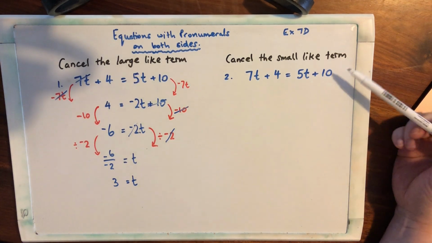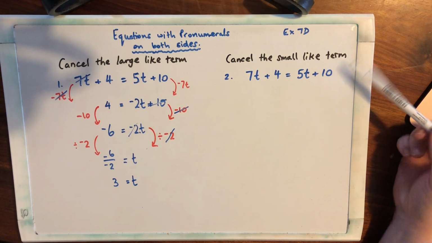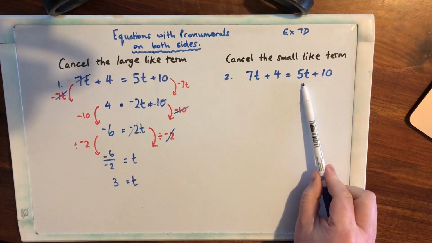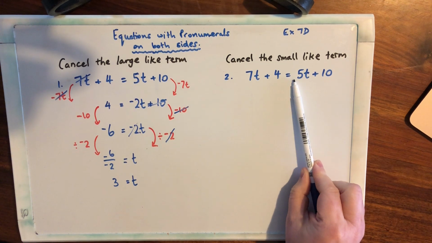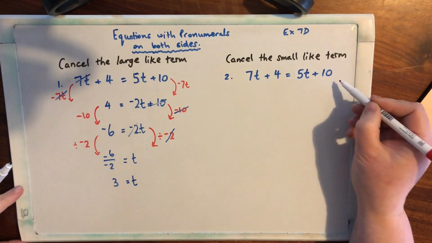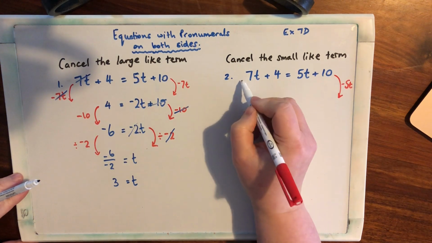Okay, let's look at cancelling the smallest like term first. This time we're not going to take away the 7t, we're going to take away the 5t. I know that that's a positive 5t because there's no negative in front of it. So I'm going to take away 5t from both sides.